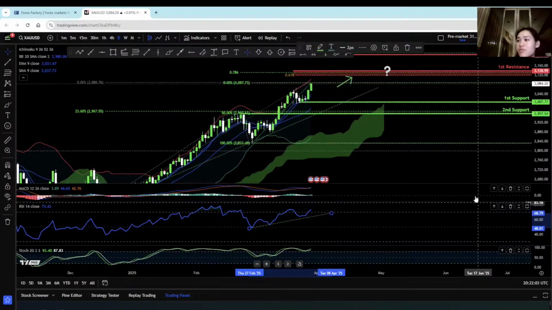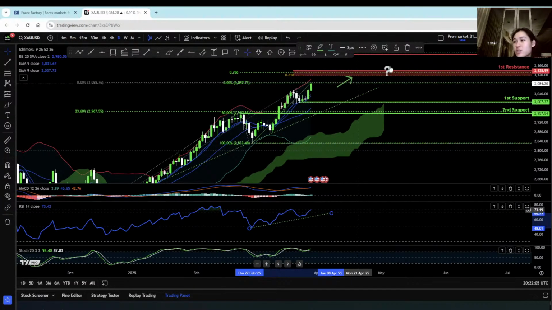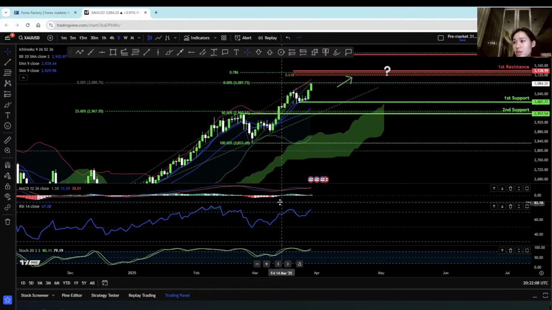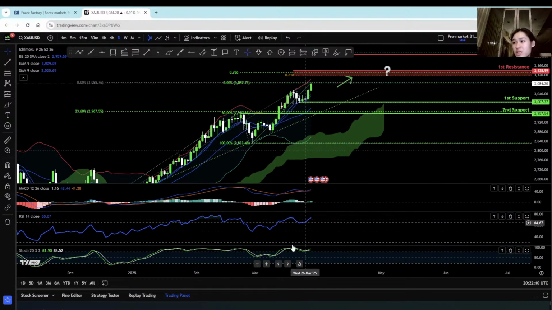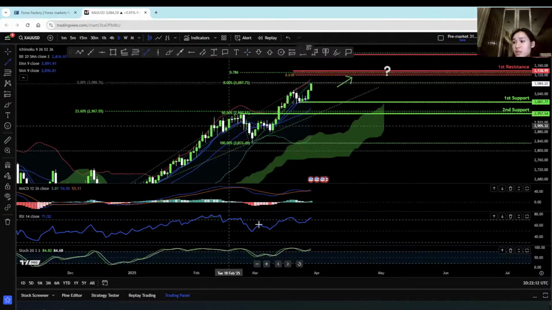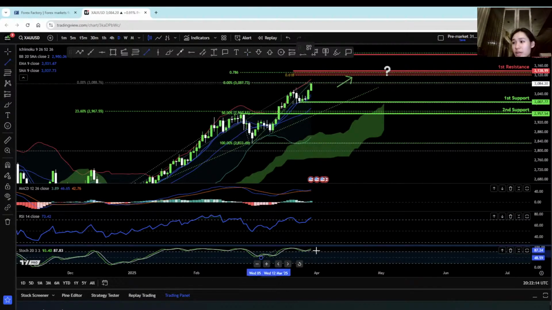Okay, this isn't really a trend line, so I'm not gonna label that. But you can definitely see the indicator giving us quite a bullish signal, moving upwards. Same for stochastic. It's not really a trend line, but it's also moving up.